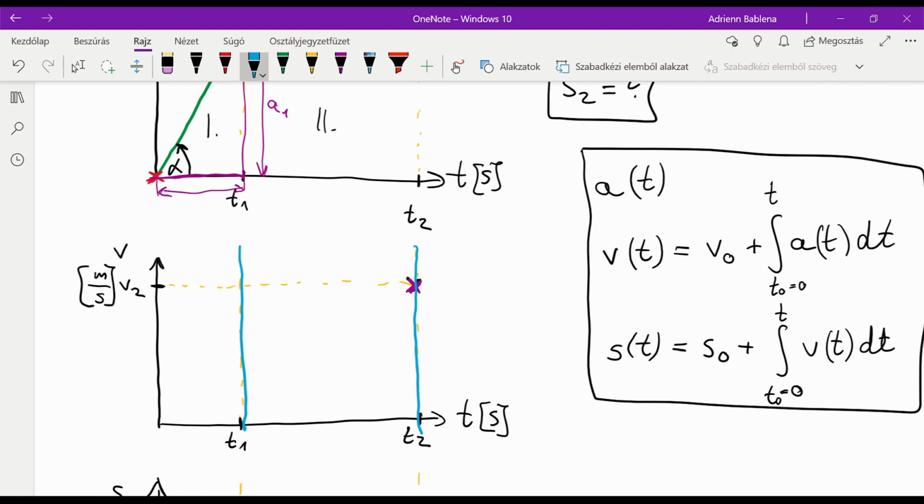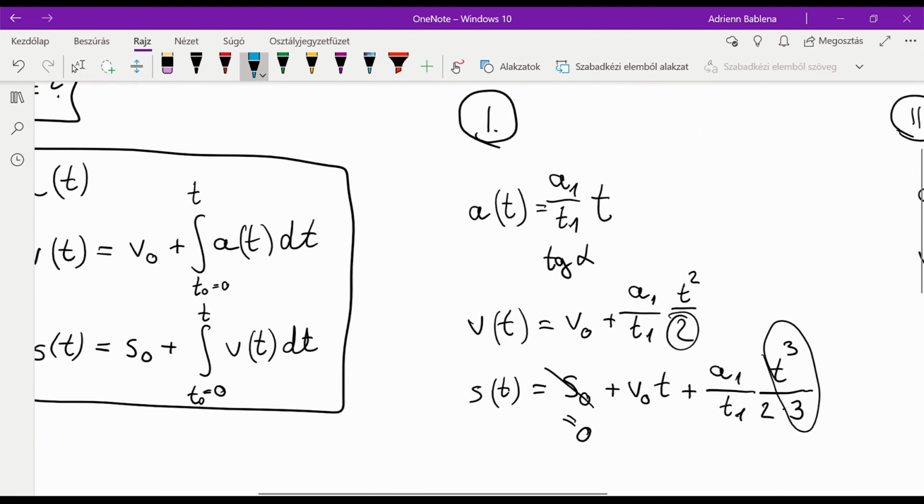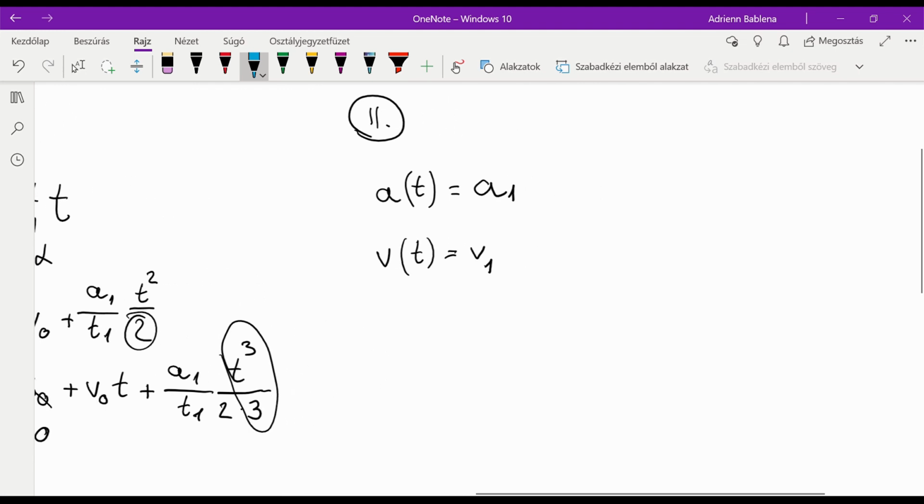At t1 the velocity reaches v1, so the second section's initial velocity value is v1. As an initial constant, we have to write v1 into our velocity function, v1 plus the integral of the acceleration a1 times t.